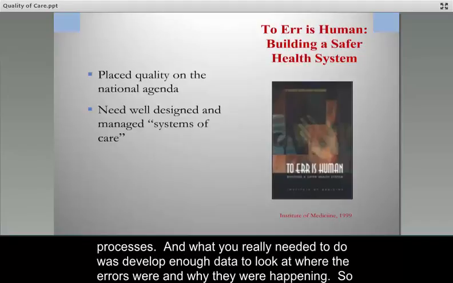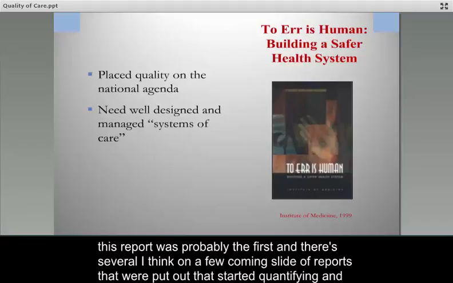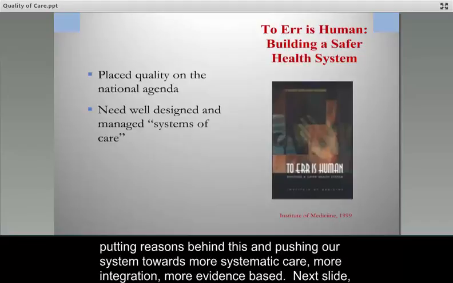And what you really needed to do was develop enough data to look at where the errors were and why they were happening. So this report was probably the first of several, I think on a coming slide, of reports that started quantifying and putting reasons behind this, and pushing our system towards more systematic care, more integration, more evidence-based care.